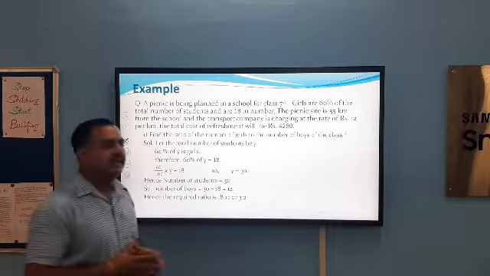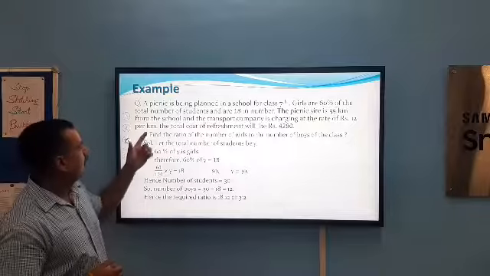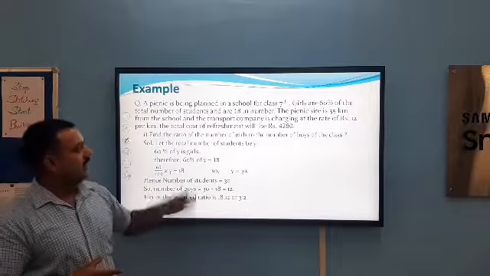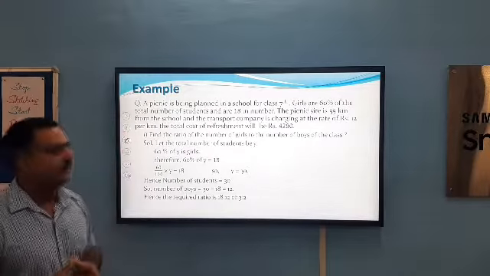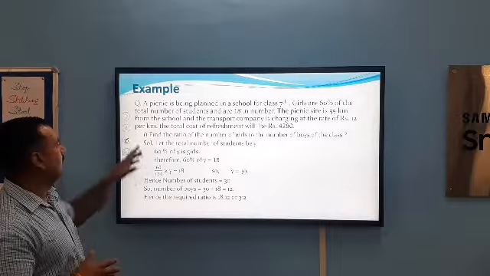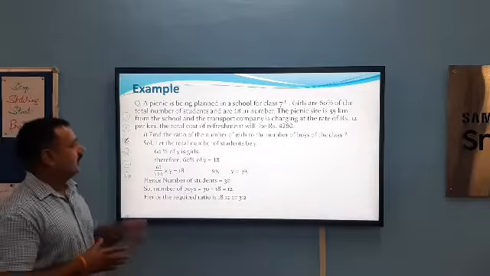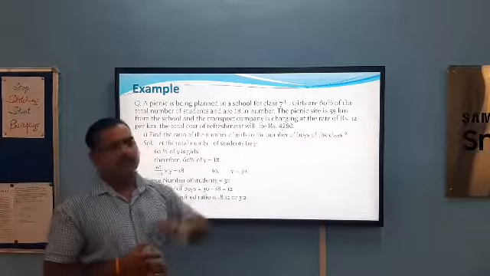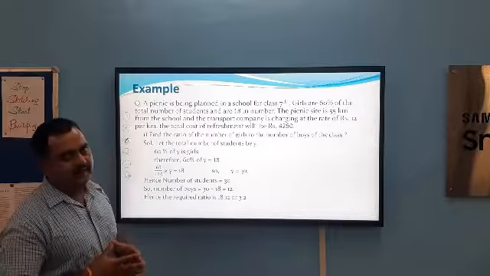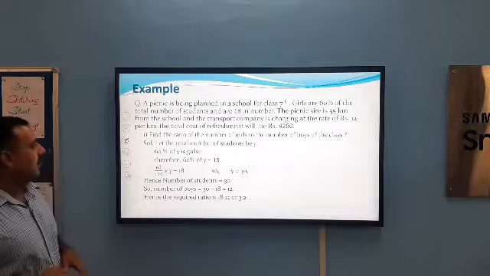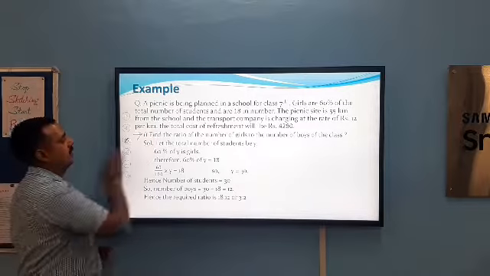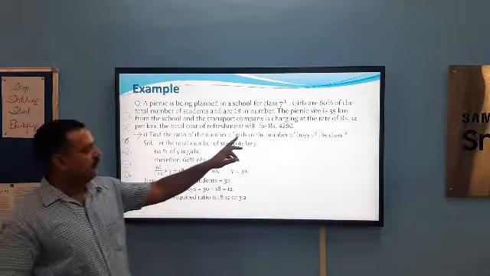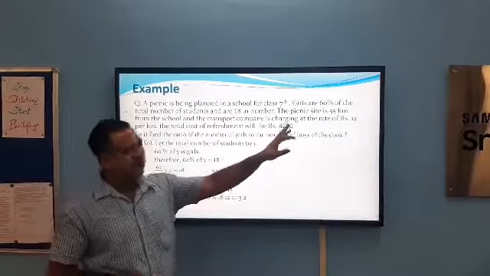The picnic site is 55 km from the school and the transport company is charging at the rate of rupees 12 per kilometer. The total cost of refreshment will be rupees 4,280.